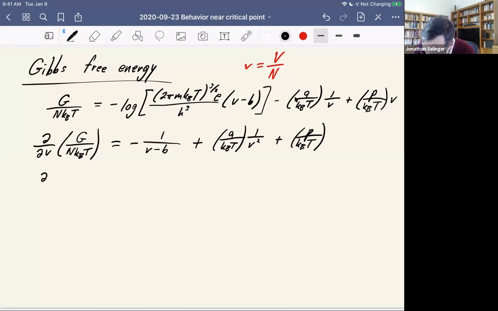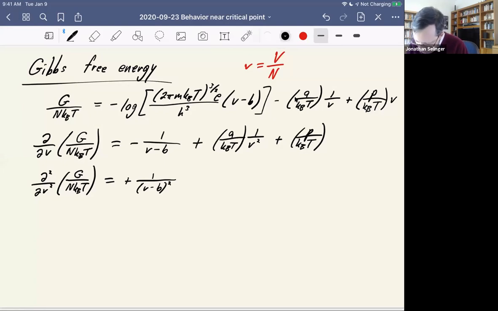Then the second derivative is like this. So this is positive 1 over v minus b squared, and then negative 2a over kt 1 over v cubed, and the last term has zero derivative.